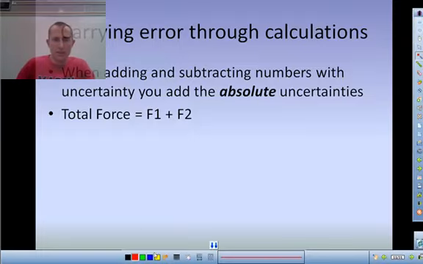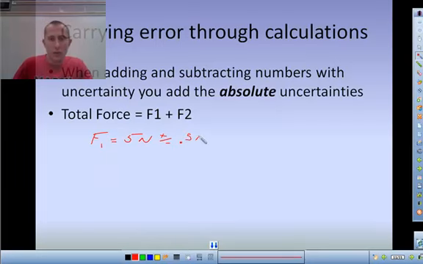So let's say we're trying to find the net force. And to find that, we have two forces. We have F1 plus F2. And let's say that F1 equals 5 newtons. And our instrument that we're measuring with has an uncertainty of plus or minus 0.5 newtons.